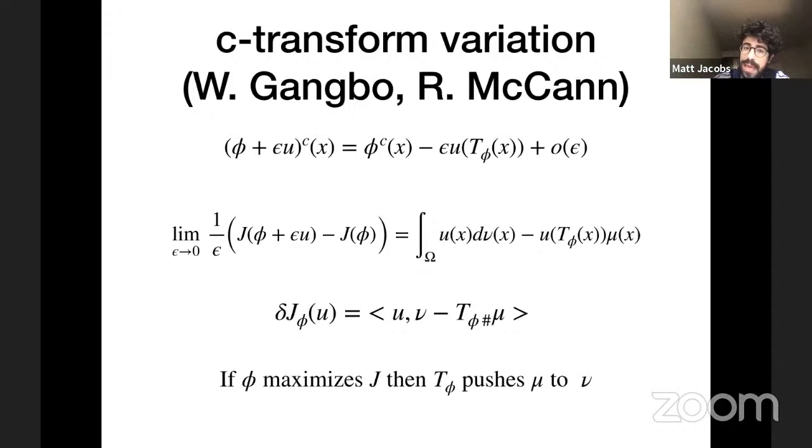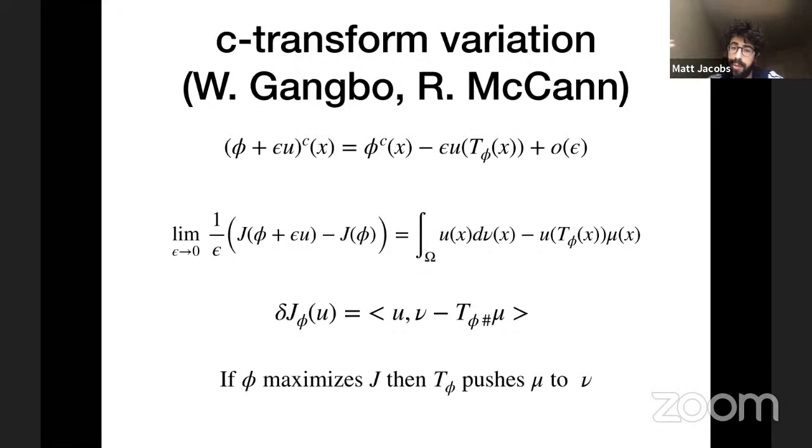And so if I take this first variation of say J, then the linear term is very easy. I should just have U integrated against that measure. And then when I take the variation of the C transform term, I get U, but evaluated at this map. And if I want to remove the map from U, I can just do that by pushing forward the measure.